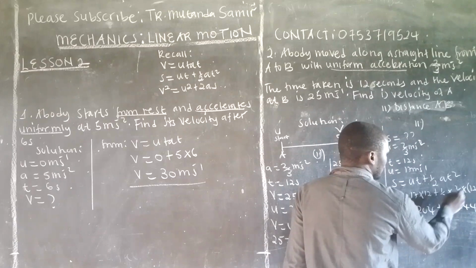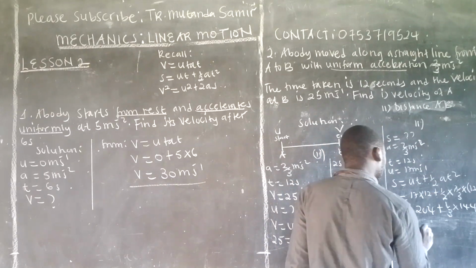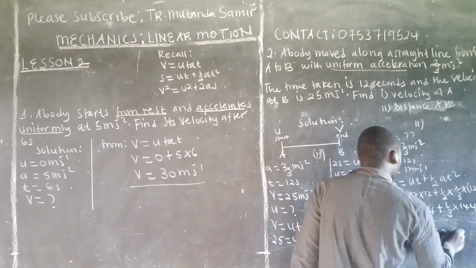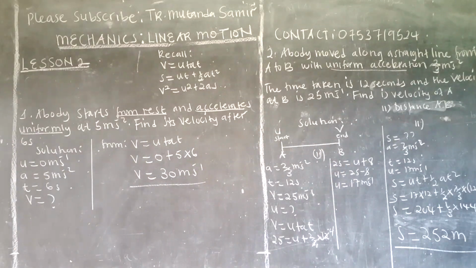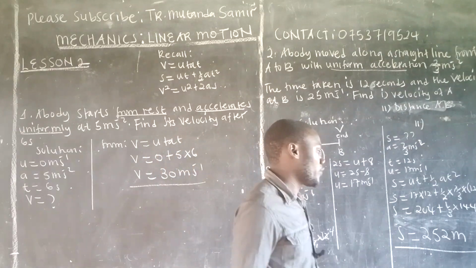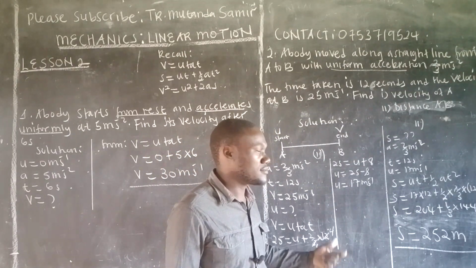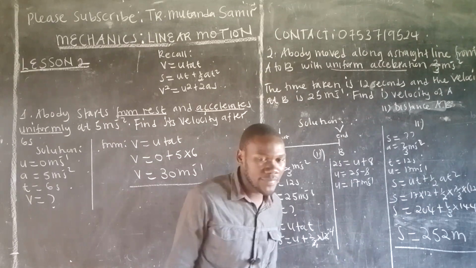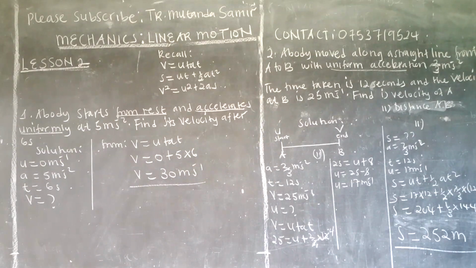Why a third? This 2 has cancelled. Now the final answer for s is 252 meters. That will be our answer, and that's now the distance AB, the distance from here up to here. There's another method using v squared, which you can also use and it gives you the same answer. Okay, let's still proceed.